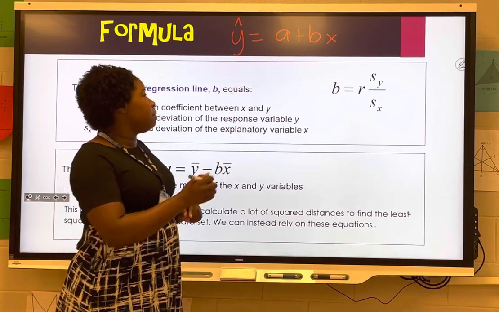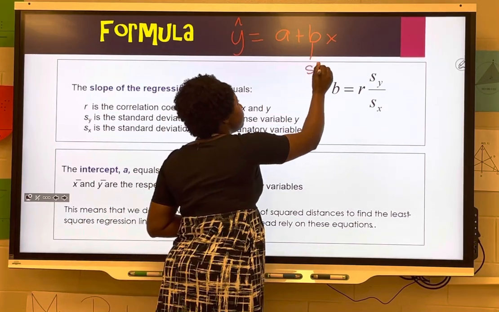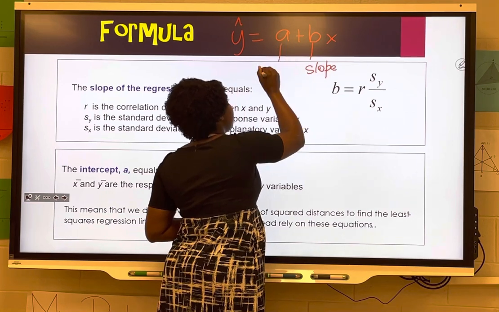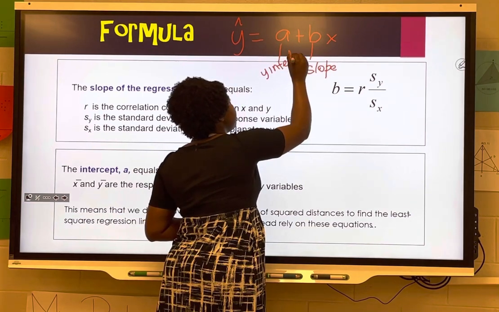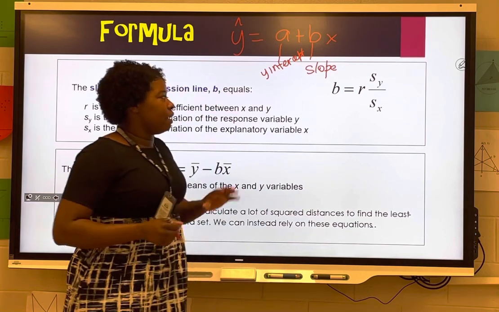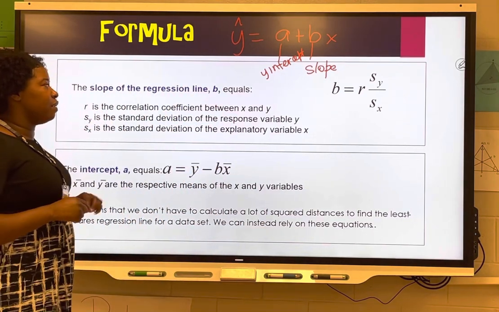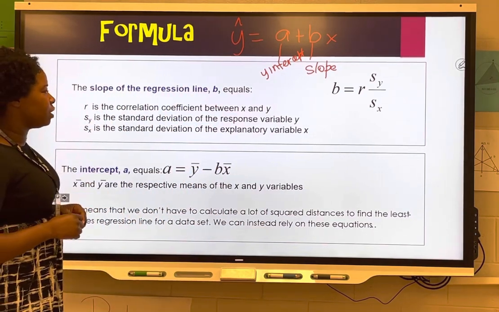So in this case, b represents our slope, and a represents our y-intercept. And you guys know how to interpret that already. If not, I will explain it to you in a future lesson.